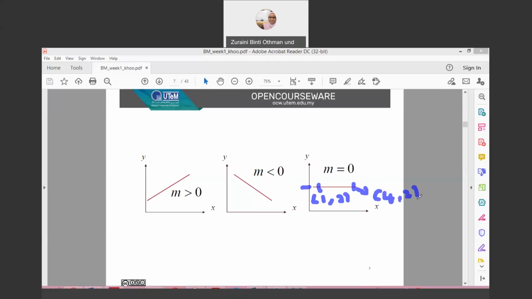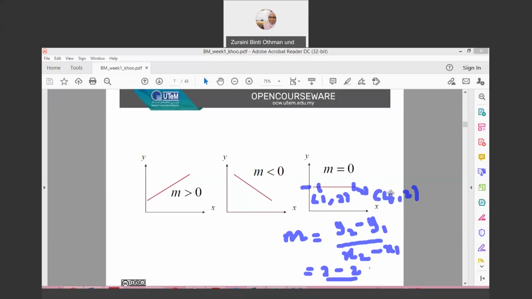Just now, the formula of m is m equal to y2 minus y1 divided by x2 minus x1. If we replace the values here, y2 is 2 minus y1, which is also 2.